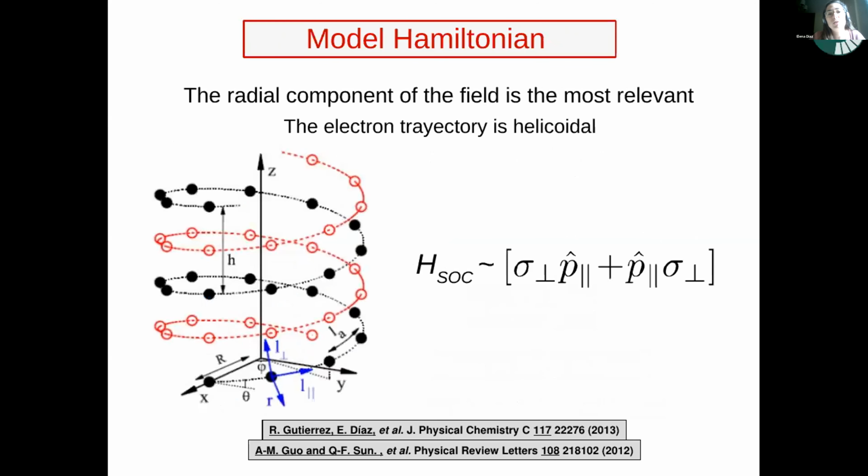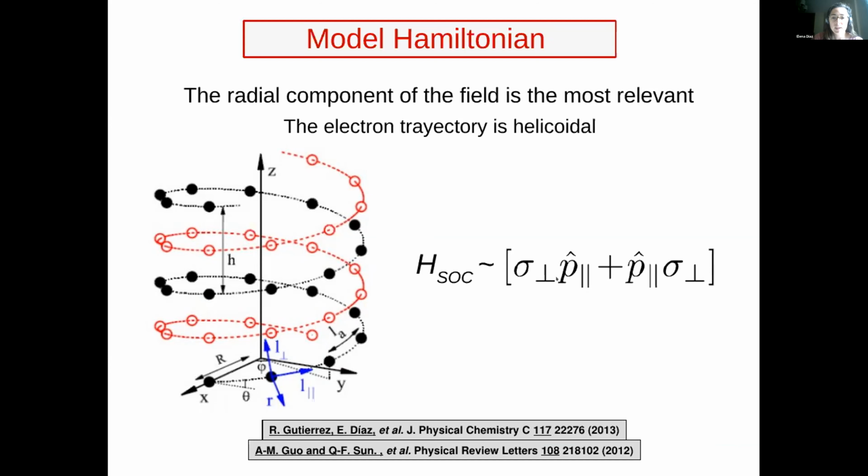The model Hamiltonian we used in this work is such that the radial component of the field is the most relevant one, so we forget about the rest of the components, and also the electron trajectory is considered to be helicoidal. You can see here a sketch of a helix, and this helix has some particular parameters. Usually theta is the helix angle, and phi is the twist angle.